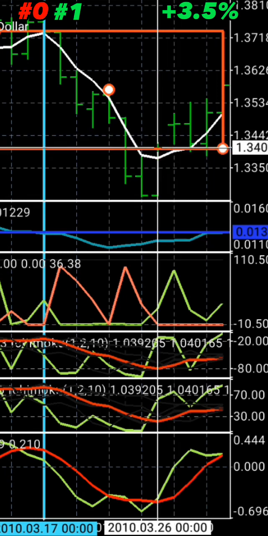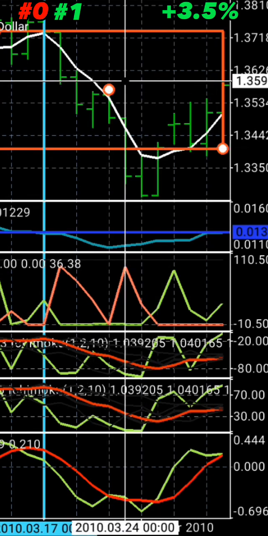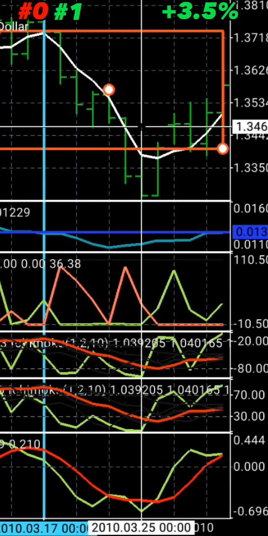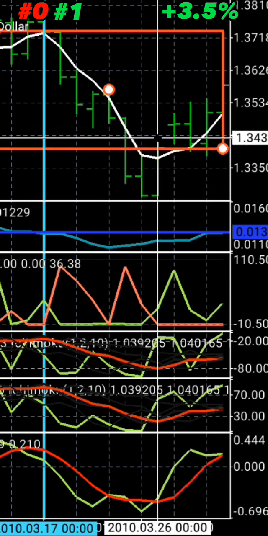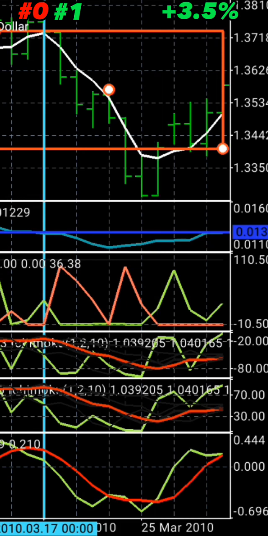Now for the second trade, we'll enter this particular line, this particular level. So if we enter here, our indicators tell us to go long.